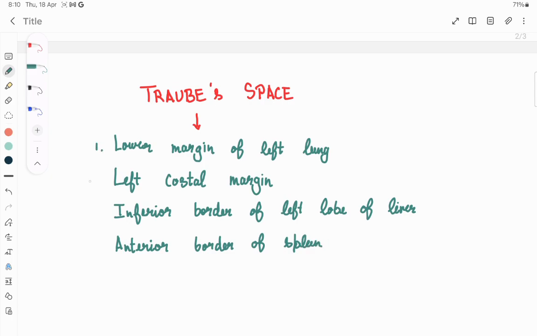So, four markings: lower margin of the left lung, left costal margin, inferior border of the left lobe of liver, anterior border of the spleen.